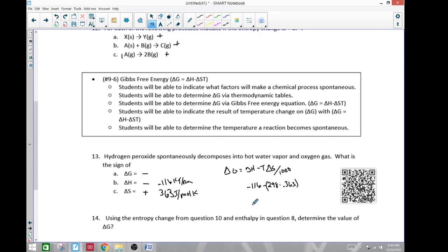All right, there we go. So 298 times 0.363 is 108.